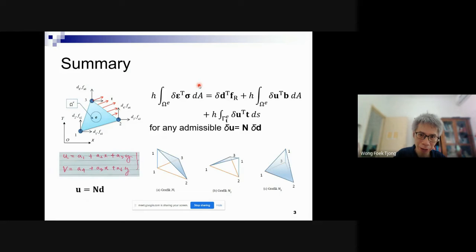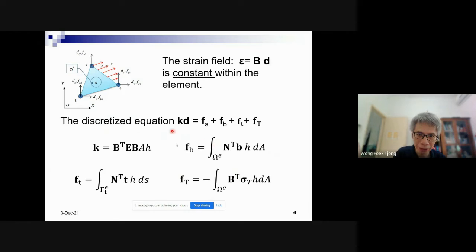After some algebra, we arrive at the discretized element equation, the stiffness equations. This is the stiffness matrix of the element times the nodal displacement. This is the balancing force, still unknown, but later, when we use the direct stiffness method, it is in balance with neighboring nodes, so it disappears.